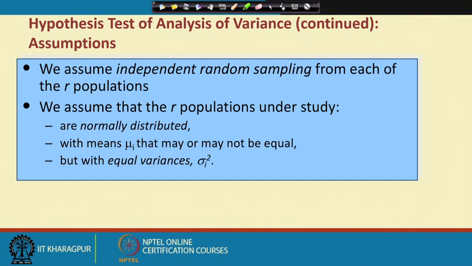So, we have r populations and we are drawing samples from them, and we are checking the difference with respect to equal variance, that is sigma square i.